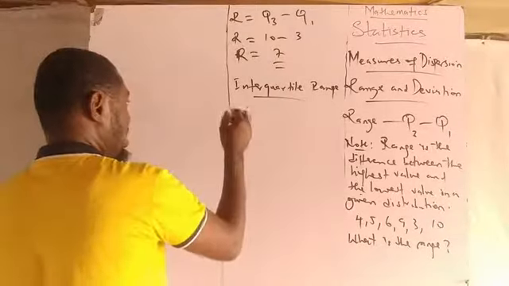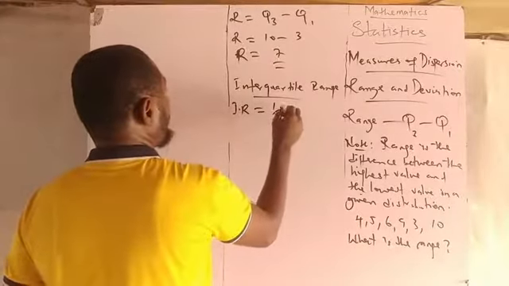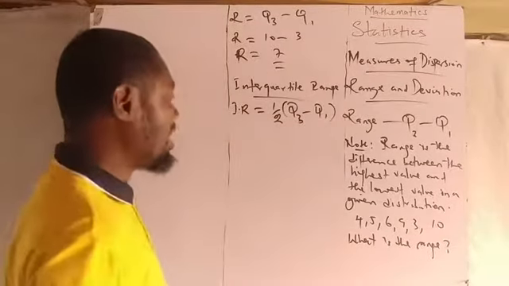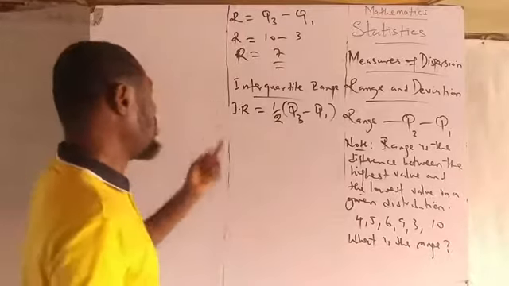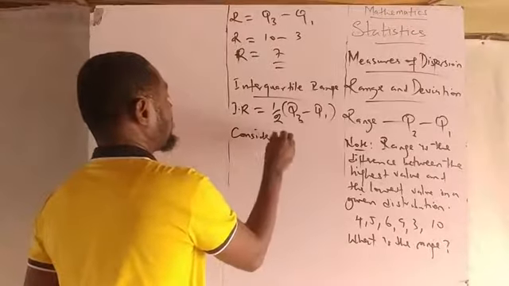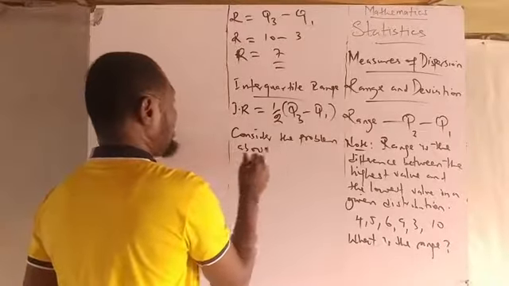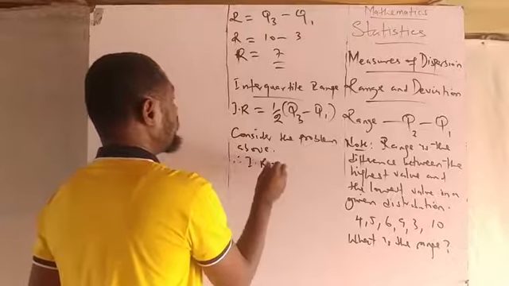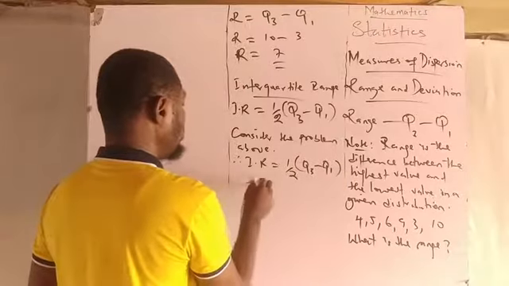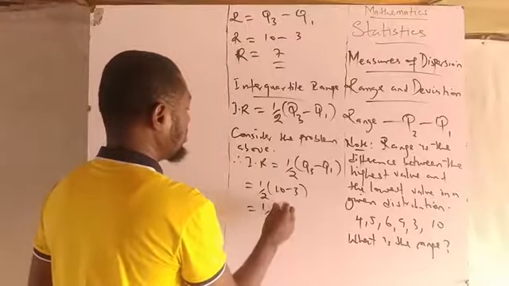So the formula for the interquartile range will simply be 1 over 2 (Q3 minus Q1). If I ask you to find the interquartile range of this same problem, consider the problem above: 1 over 2 (10 minus 3), which is 1 over 2 times 7, which is 7 over 2.